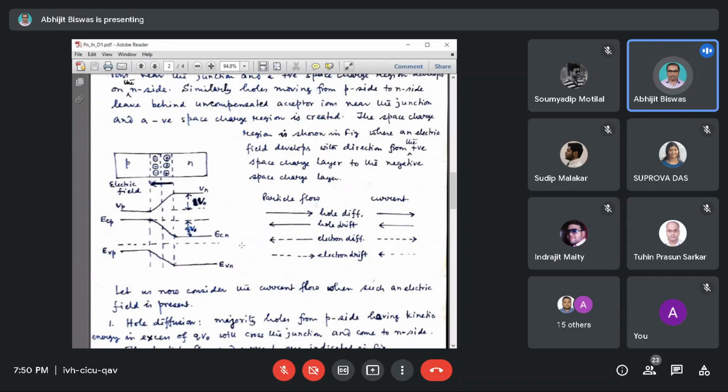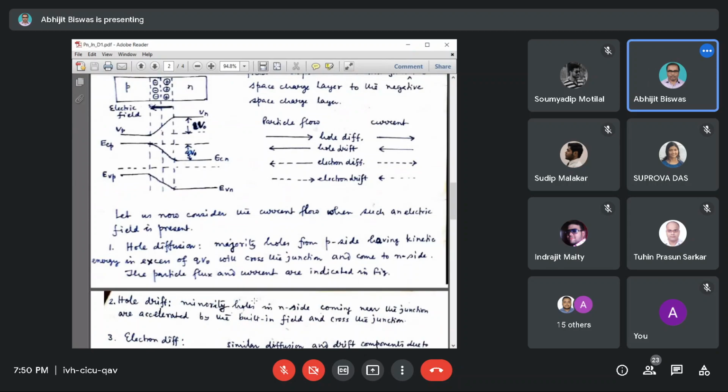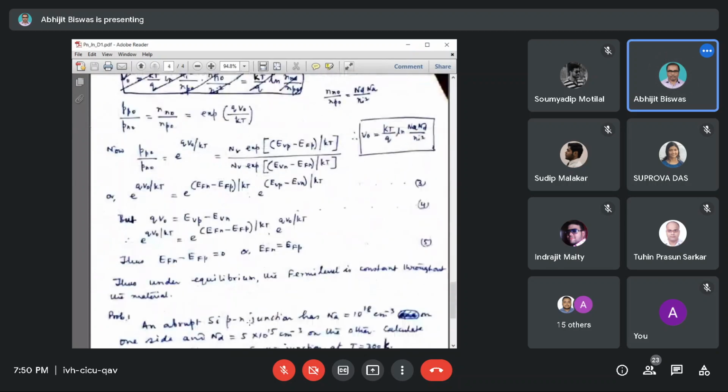What is the relationship between energy and potential? You only have to multiply potential by the elementary electronic charge, then you get energy. So this difference is Q times V0. So here I have written QV0 by kT.